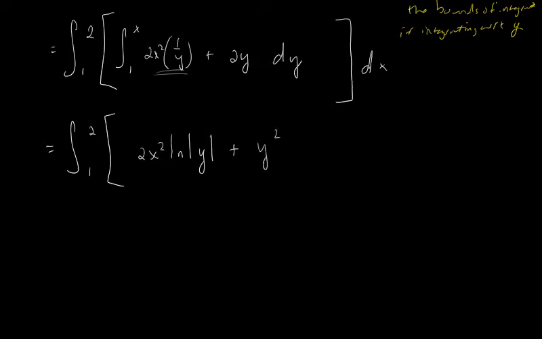Now, normally, if I were just taking an indefinite integral, I would have to add on a constant function with respect to x. But I don't have to do that here because we have bounds of integration. Any constant function with respect to x is just going to cancel away. So we are going to take this and evaluate it from 1 to x.